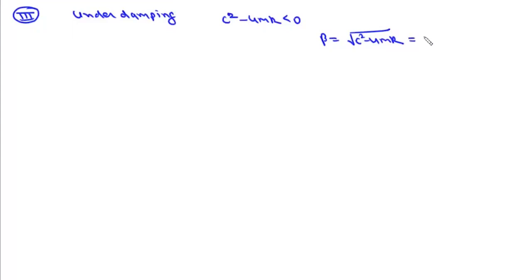So we'll assume that it is equal to some iota into omega star. So for this case, we'll have two values of lambda. It will be minus alpha plus iota omega star and lambda 2, which is minus alpha minus iota omega star.